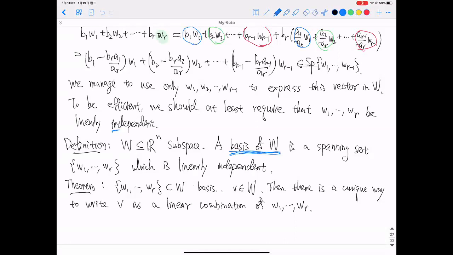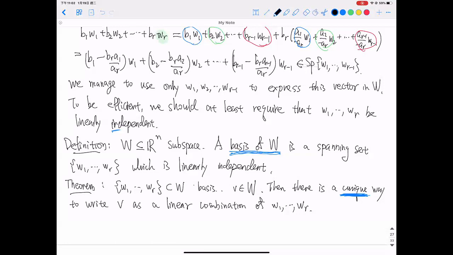The key point in the theorem is the word unique here. Being a basis, we know that V can be written as a linear combination of the W's because a basis must be a spanning set. But the statement here is that there's exactly one way of writing V as a linear combination of the W's.